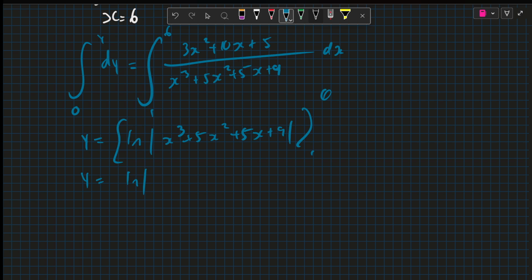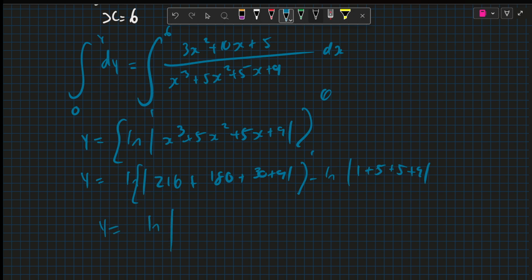So I wonder if I can do this by hand. So 6 cubed is 216. 5 times 36, that's going to be 180, plus 30 plus 9. And then when we chuck a 1 in, we're going to get 1 plus 5 plus 5 plus 9.